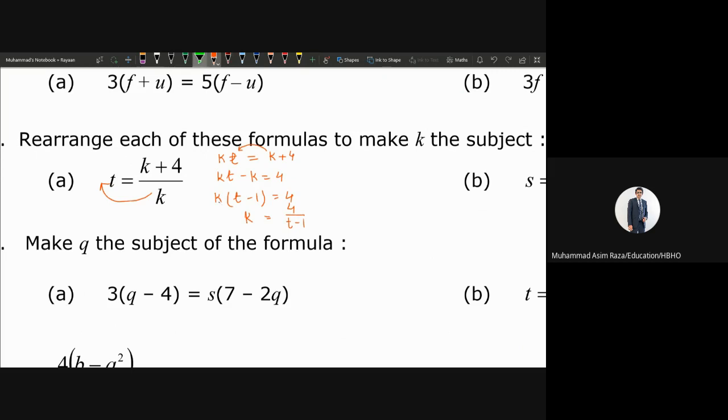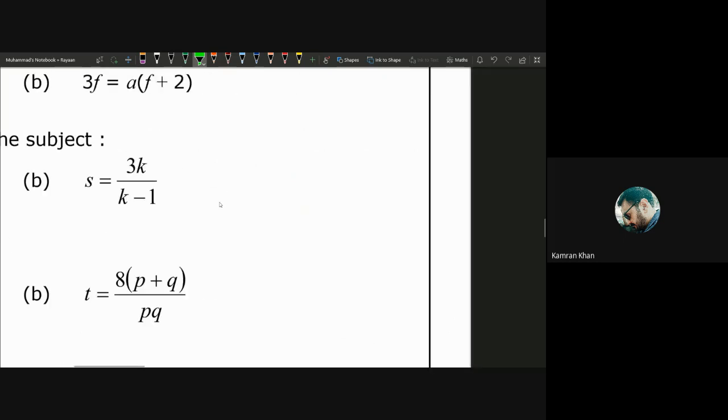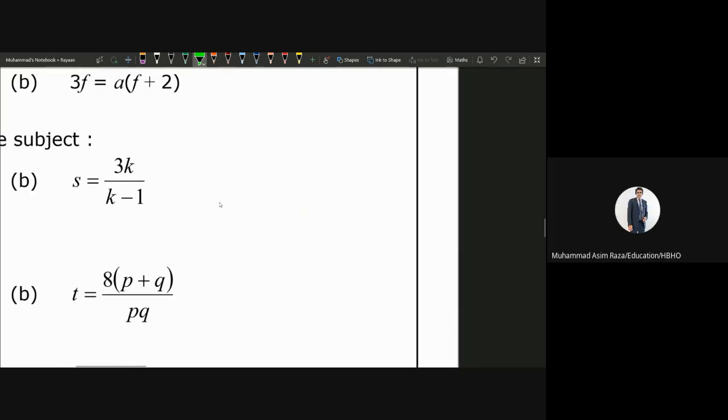You got it? Yes, sir. Then, if you look at this question, not very difficult again, quite simple. Just take k minus 1 onto this side so that we can have s into k minus 1 equal to 3k.